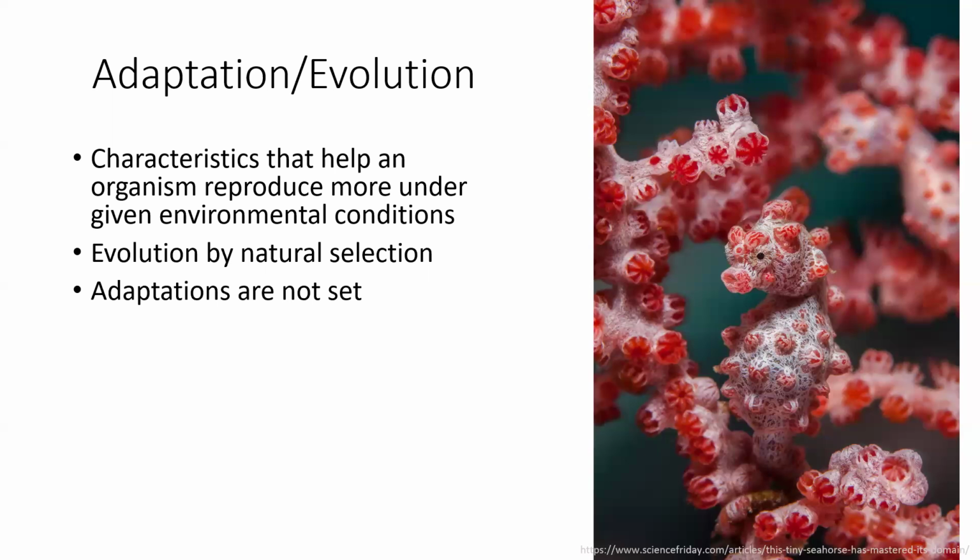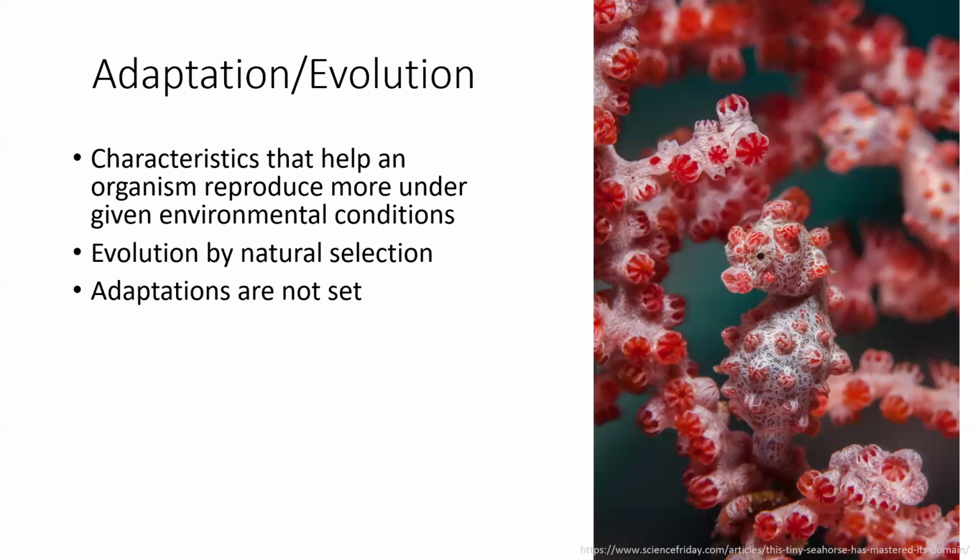We know that these adaptations, or characteristics that help an organism survive and reproduce, are not set. They can change over time and they vary based on the environmental conditions. Maybe if it's super warm for 200 years and that causes the ground to be more brown, a certain characteristic might be better to be brown.